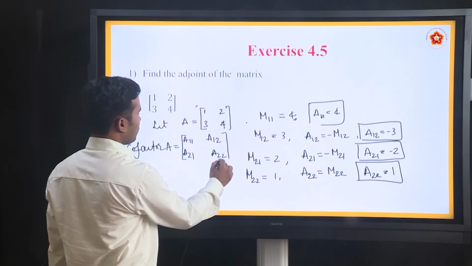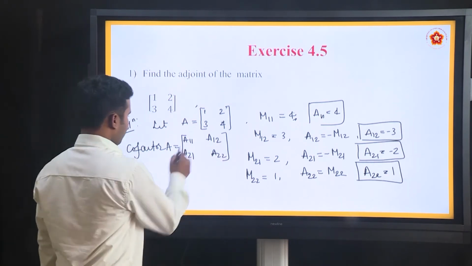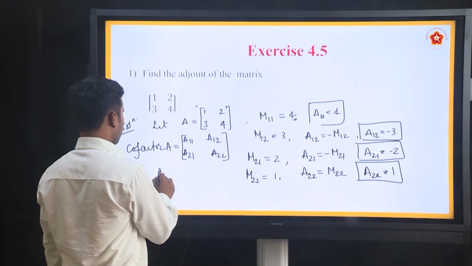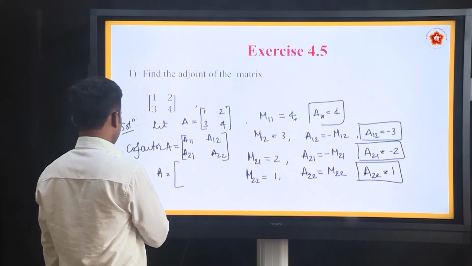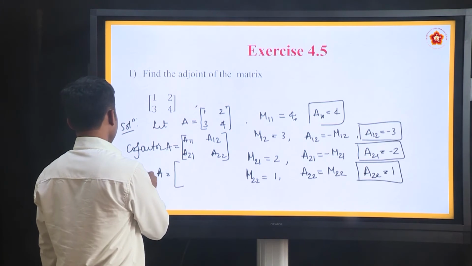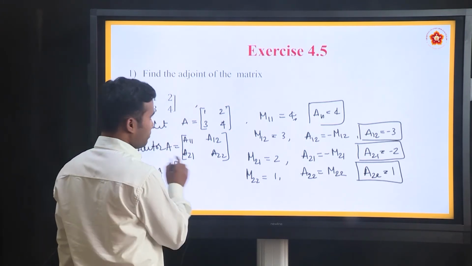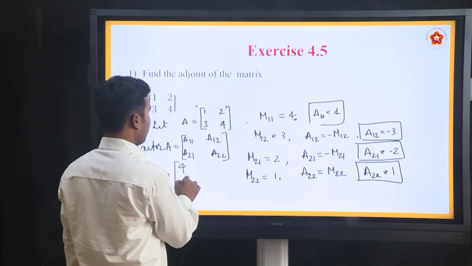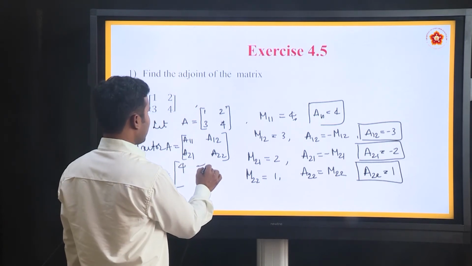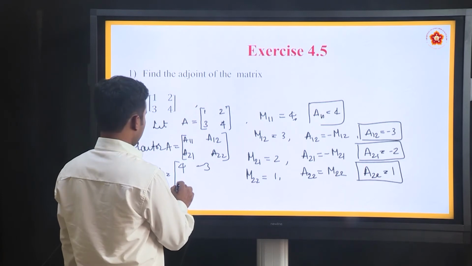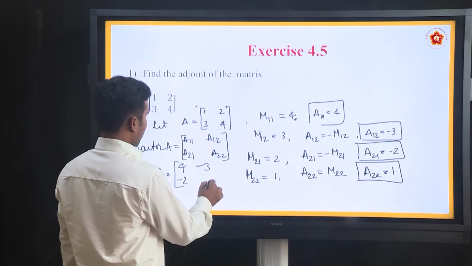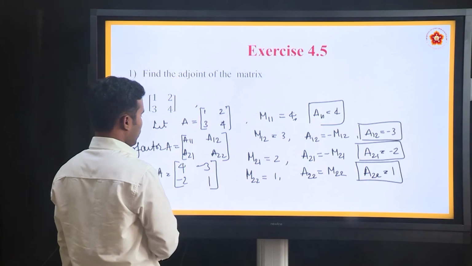Then you replace the values of all these elements. So cofactor of A is equal to A11 is 4 and A12 is minus 3 and A21 is minus 2 and A22 is 1.